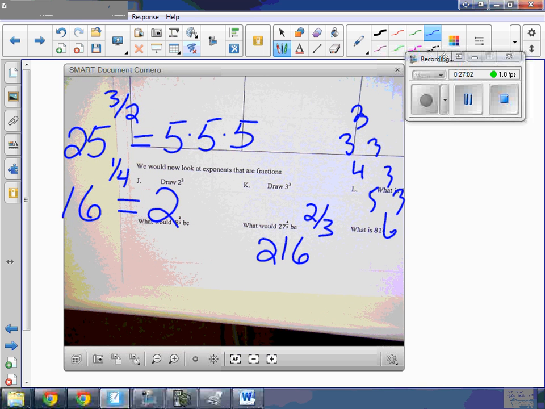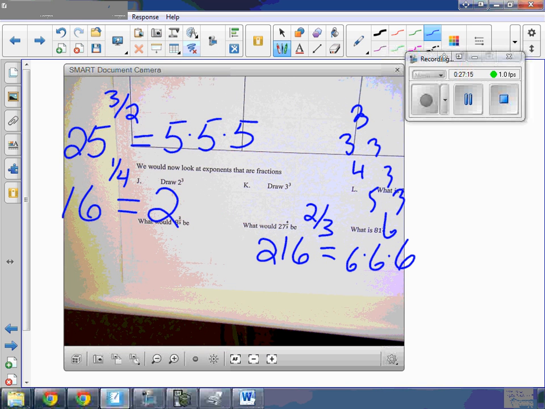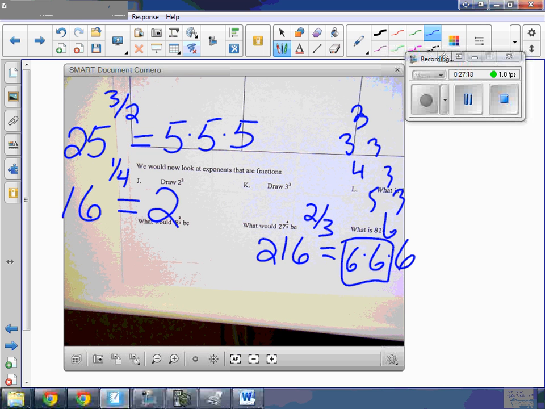And by the way, you need a calculator tomorrow, desperately. So this can be broken into 6 times 6 times 6. How many of those 6s are going to be in my answer? 2 of them. So my answer is 36.